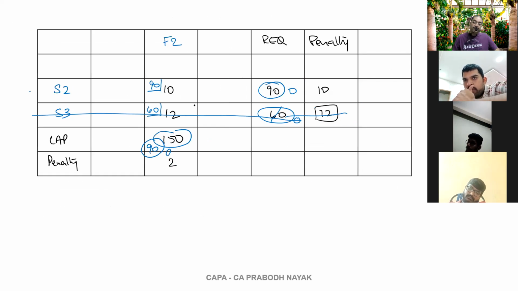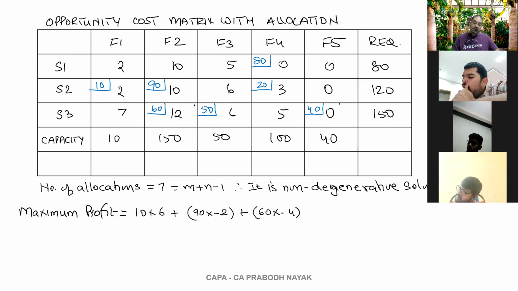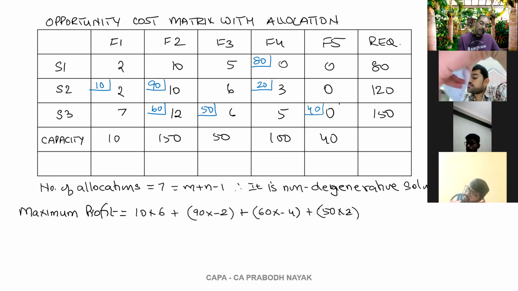Come to column 3. 50 into 2, plus 80 into 8, plus 20 into 5.